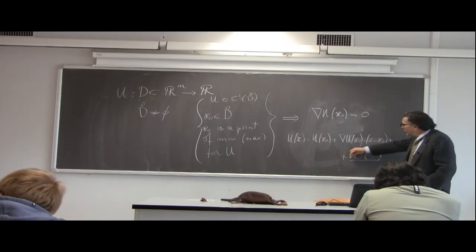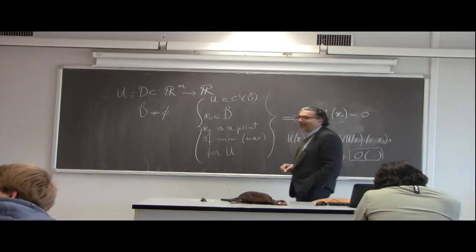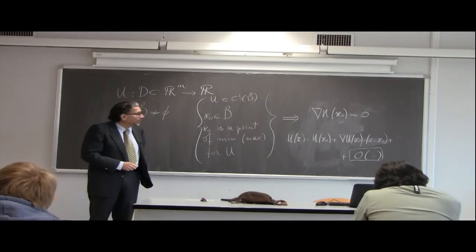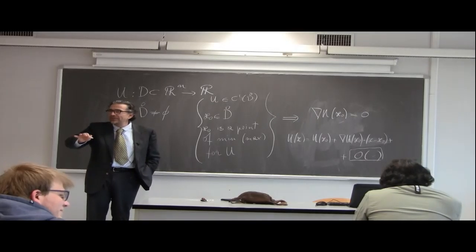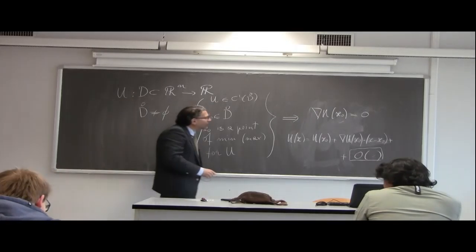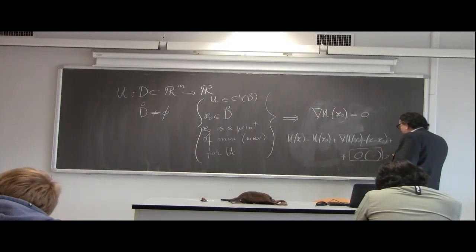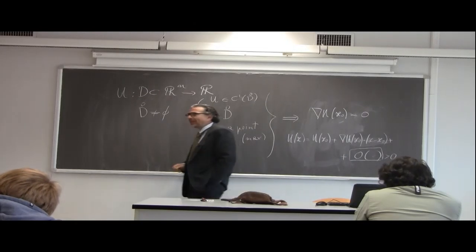So you can impose that this quadratic remainder is definite positive or definite negative. So this term is always positive, for instance, if the remainder is definite positive.